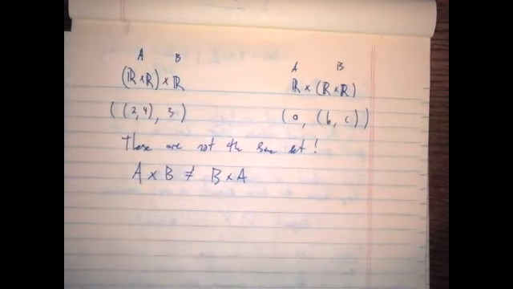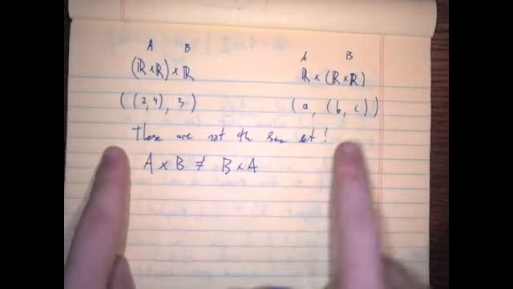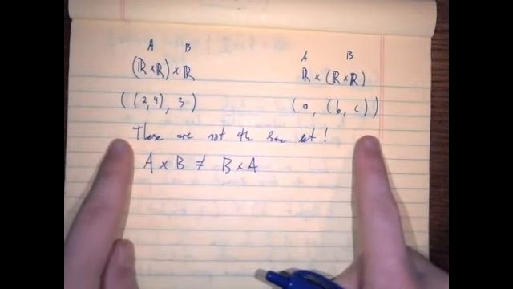Are we okay with what I'm doing so far? Do we understand the subtle distinction that I'm bringing up here when I say that these are not the same set? Right.